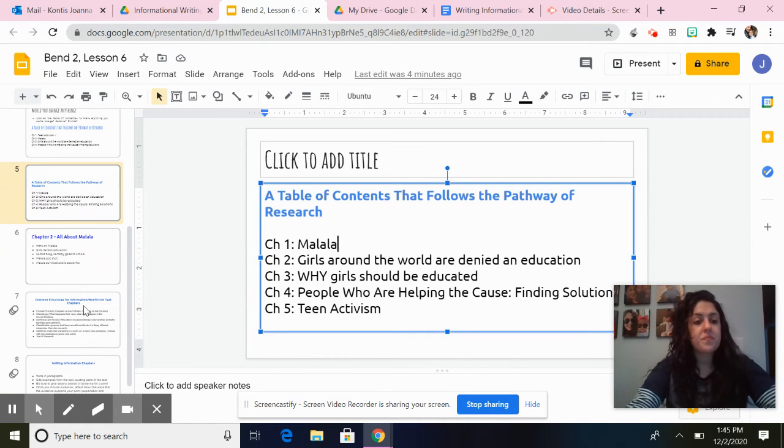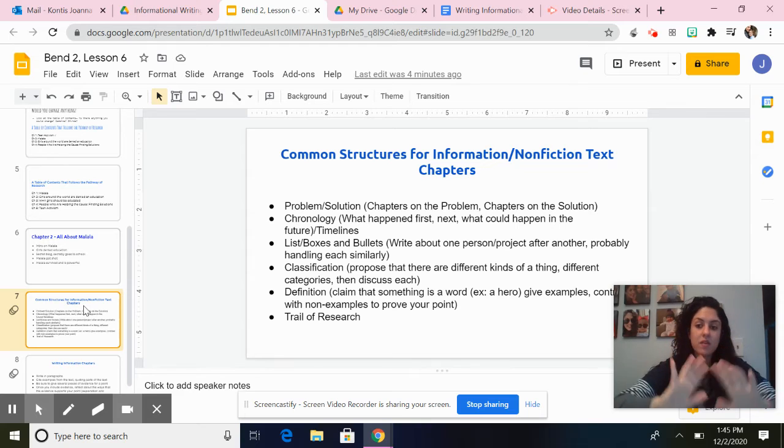Now, this part isn't super important today, but you're going to start to think about it. What you're really focusing on today is creating your 2 table of contents. But I also want you to start to think about the different structures for nonfiction books. Books can be set up in all different ways.